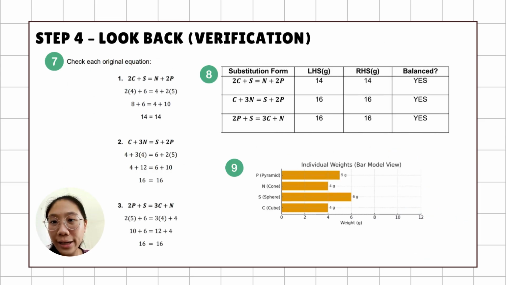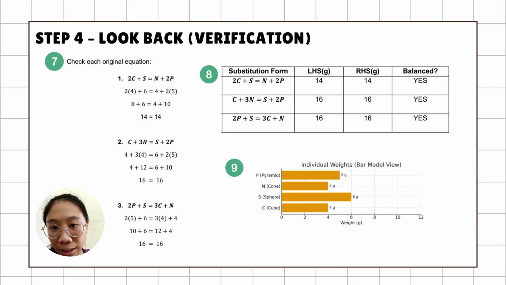Right now we get into step 4, which is look back or verification. For the seventh step, we check each original equation, now that we know the value of each of the miniature sculptures. We substitute each of the weights into the equations.